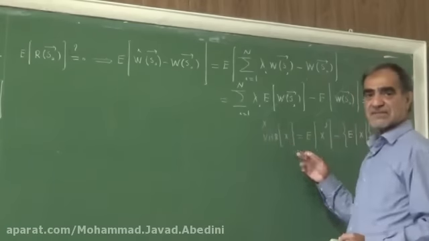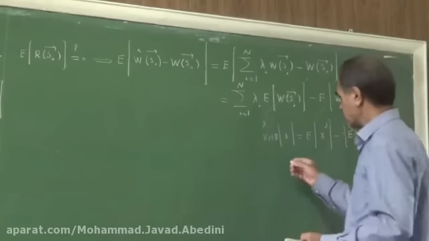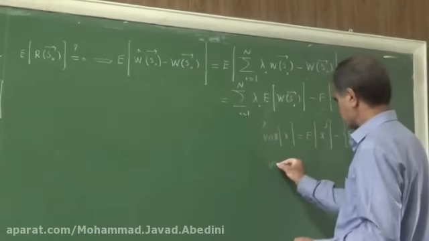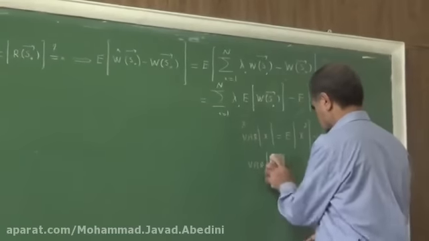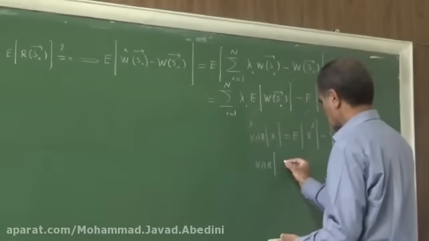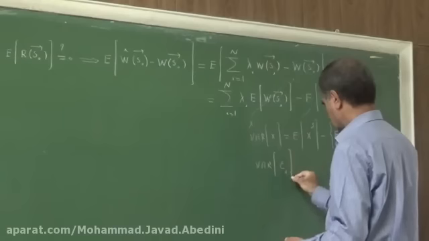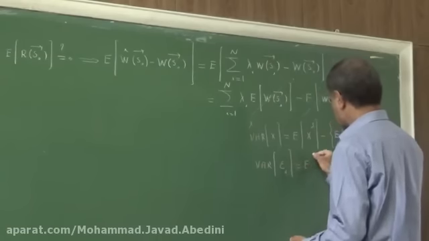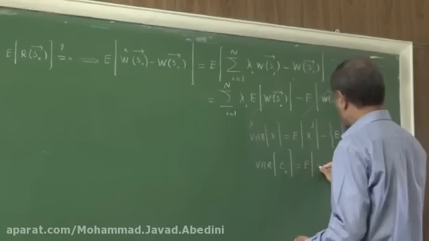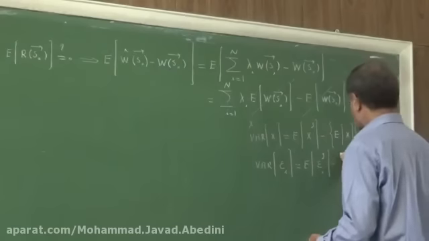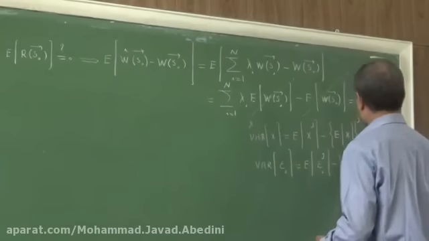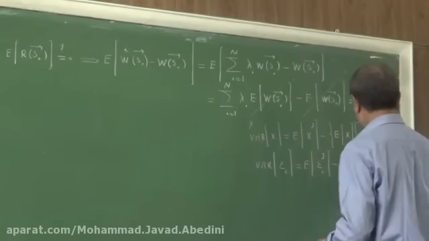If you replace this x with epsilon I, you have to write this as expected value of epsilon I to the power of 2 minus expected value of epsilon I, then you have to close this and then raise it to the power of 2.